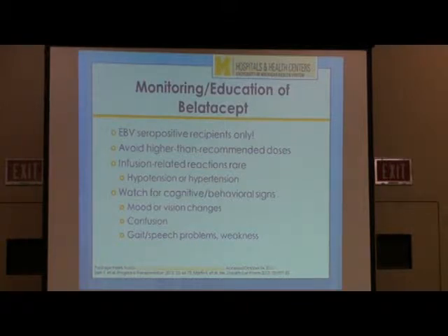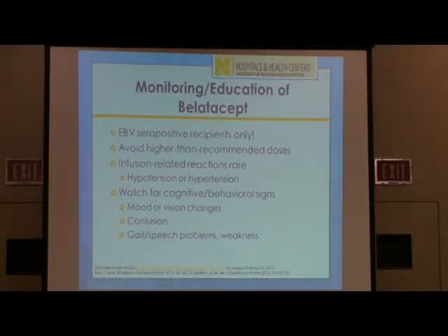So to really use the dosing that's available in the package insert, and that's based off of the less intensive dosing that was seen in the trial, and that's the 10 milligrams per kilo for up to 3 months, and then 5 milligrams per kilo every month thereafter. And then to counsel patients on cognitive and behavioral signs of PTLD, including mood or vision changes, confusion, any types of gait and speech problems.